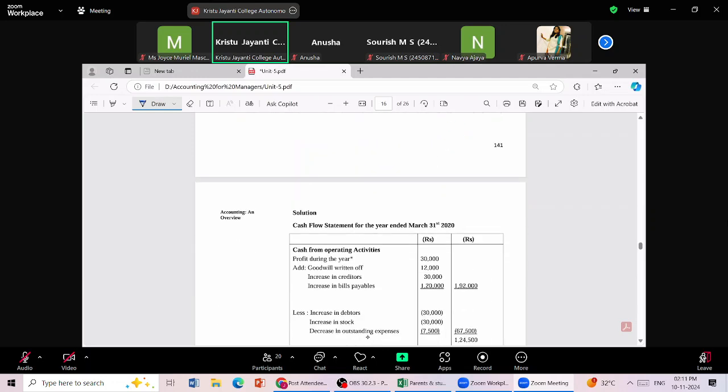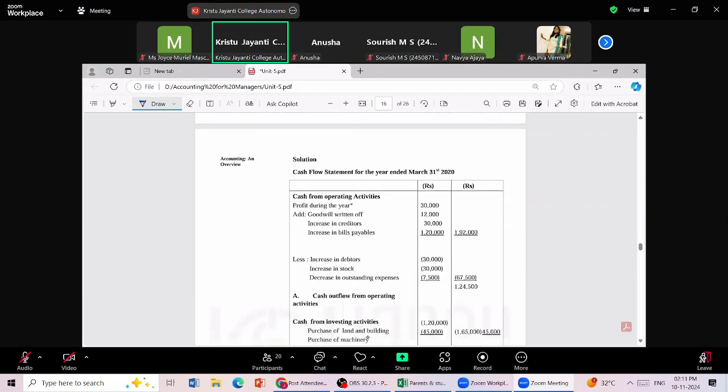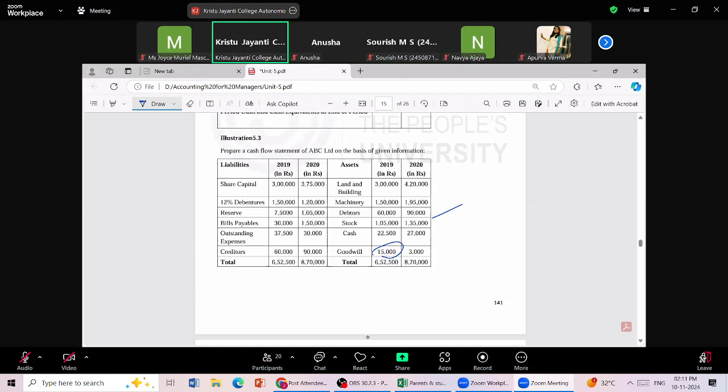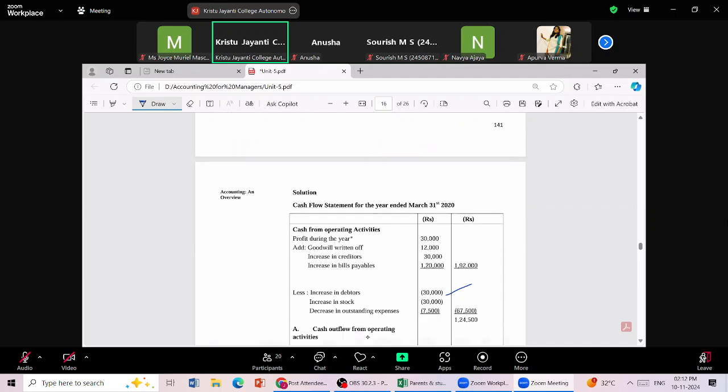There is an increase in the asset of 30,000, so you can see it has been minused. Likewise, increase in stock. Earlier the asset was 1,05,000, but in 20 the stock has increased to 1,35,000. So there is a difference of around 30,000 which is to be deducted.